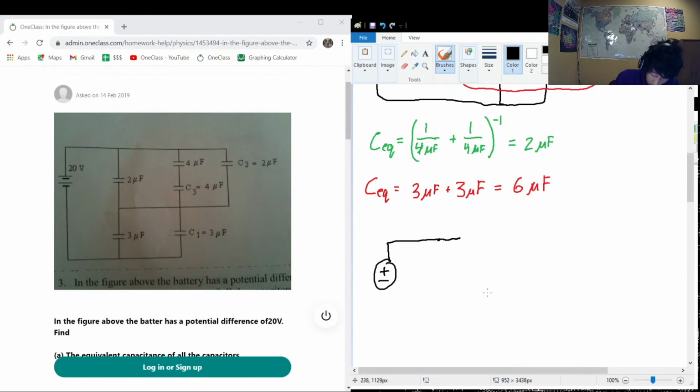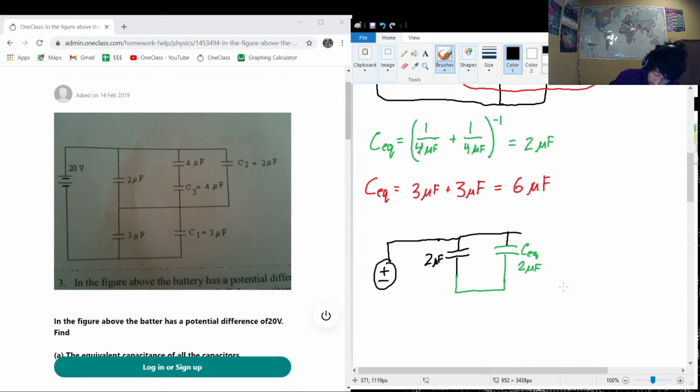So we had the 2 that was here, 2 microfarads. Here we had the green one, EQ, which was also 2 microfarads. Those came together like that.